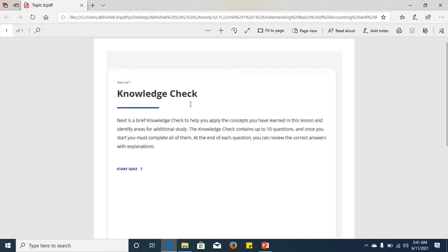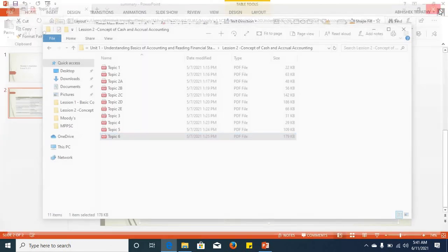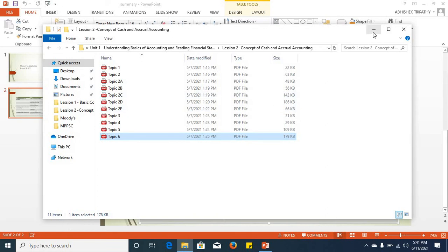So, with this, we come to the knowledge check, and that is the end of this particular topic. Just to brief you about the summary of this chapter, it is a comparative study of the cash accounting system and the accrual accounting system. The cash accounting system is mainly used by small firms and professionals, but the accrual accounting system is largely used by larger, bigger enterprises, and it is also statutorily acceptable as per the Companies Act 2013.